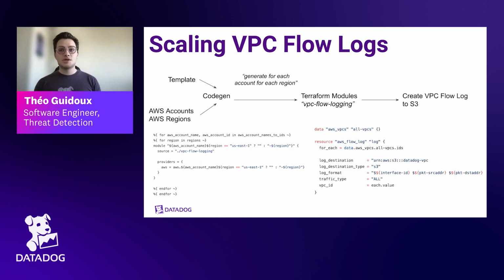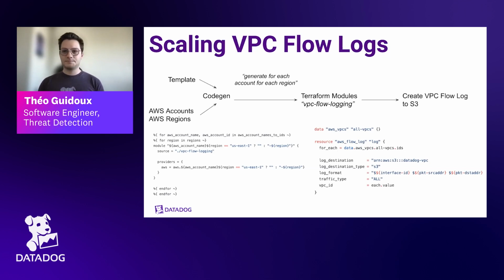With these tools, we can generate whatever we want. We first start with CodeGen. We give three pieces of information to CodeGen: all AWS accounts, all AWS regions where we want to apply it, and the template. We tell CodeGen to do a nested loop through all accounts and regions and generate a template for each of them. Each template has specific information about the account and the region.